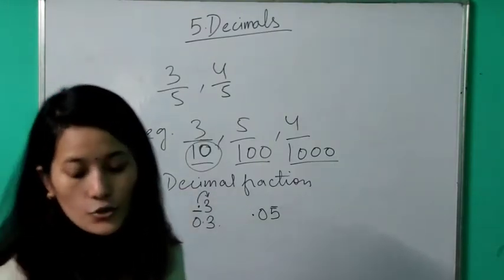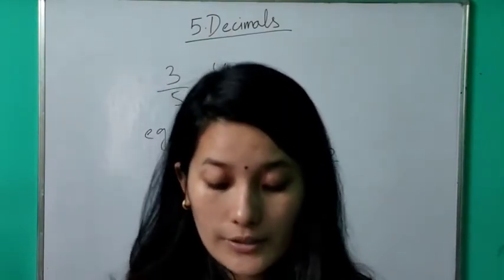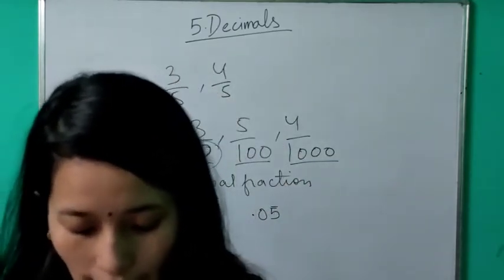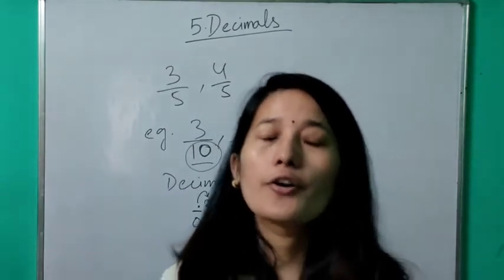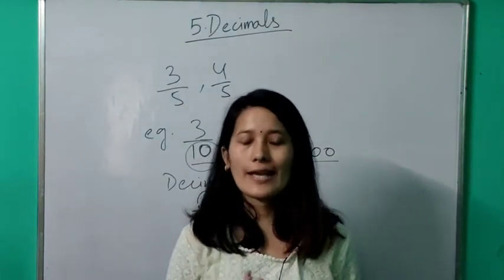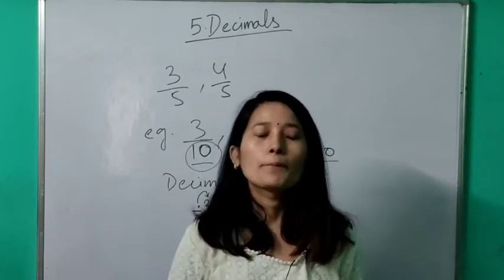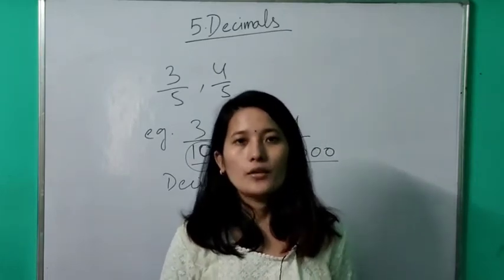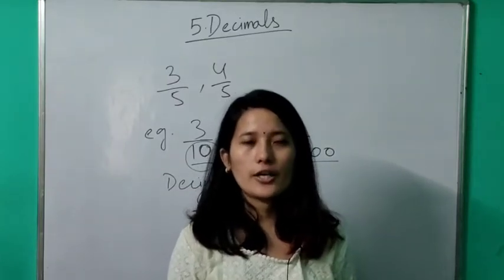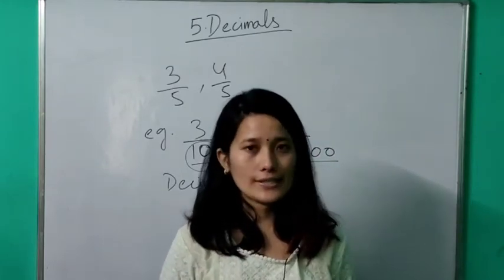So in this class we will start with conversion, how to convert a fraction into a decimal. For revision purposes, you can do exercise 5A, where you can see the difference between like fractions and unlike fractions.